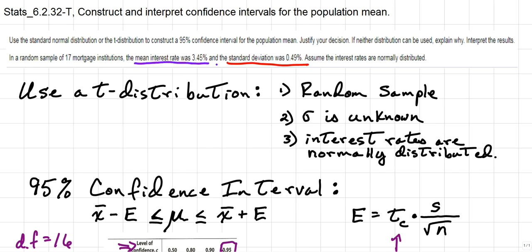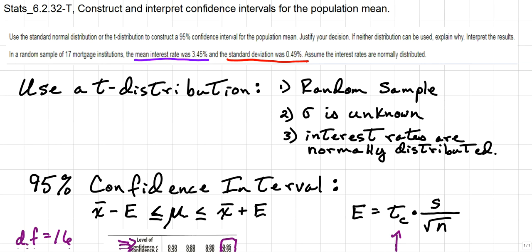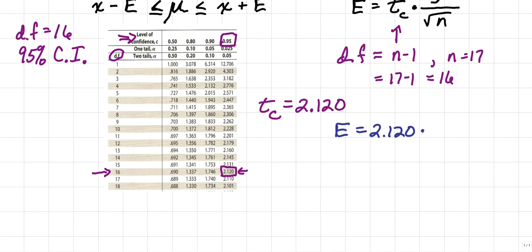The mean interest rate is 3.45%. So now we'll go ahead and write that down. So x bar is equal to 3.45%. Standard deviation s will be equal to 0.49%.